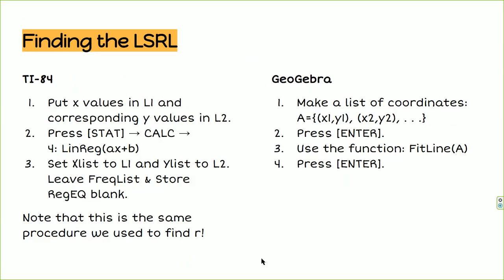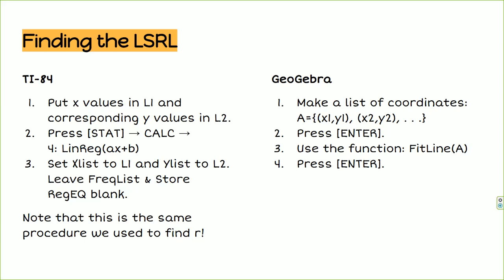To find the least squares regression line, we're using technology. Much like the correlation coefficient, we can do this by hand. There is a formula for this. I think the book actually outlines it for you. But I would not encourage that unless you really enjoy tedious calculations.